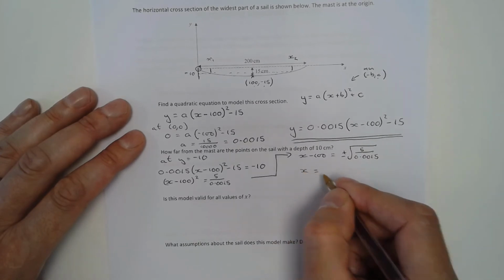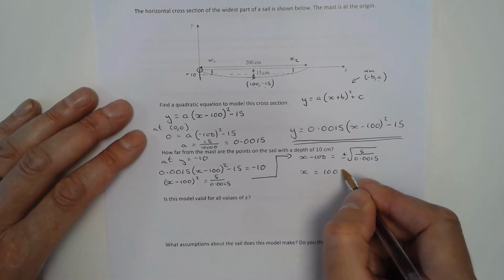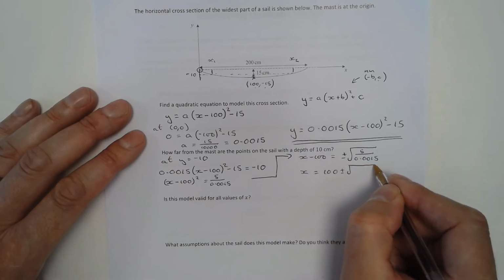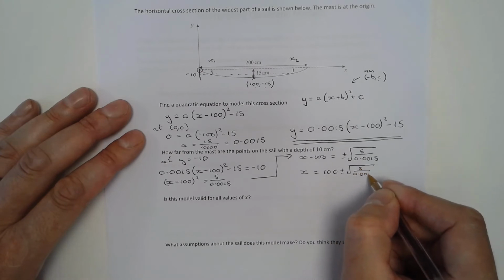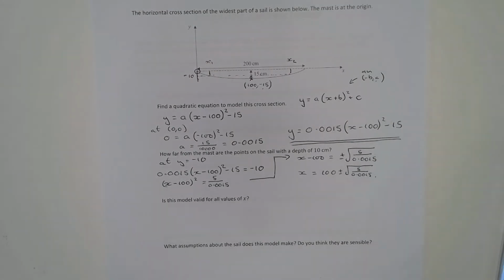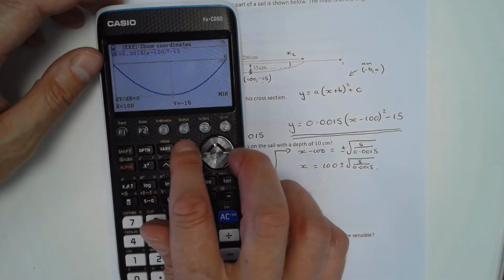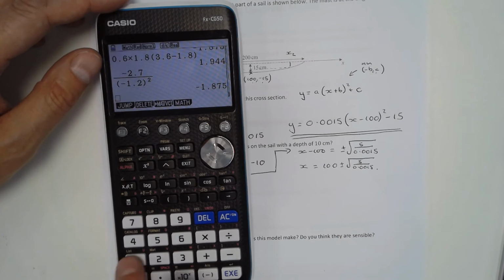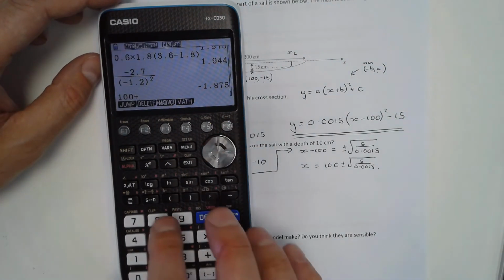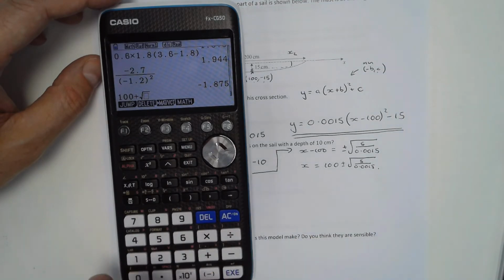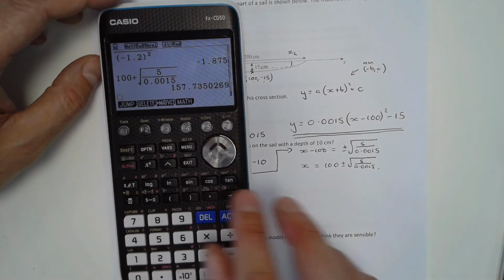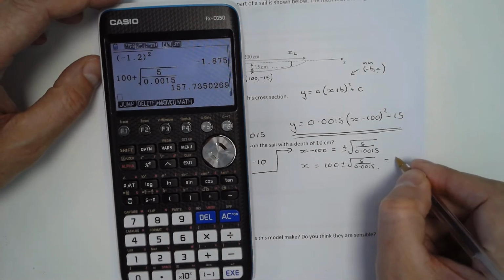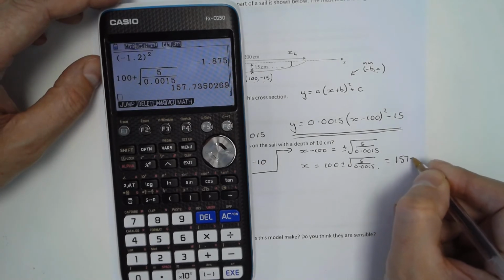So x equals 100 plus or minus the square root of 5 over 0.0015, and we'll work out the decimal values of that. So I've got 100 plus the square root of 5 divided by 0.0015. So that is 157.7. I'll go to one decimal place.